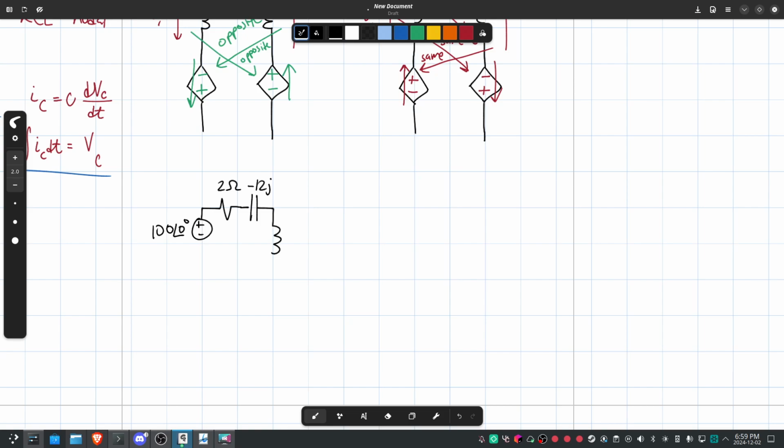And because we already solved the direction, the dot really doesn't matter anymore. Through the dependent source, back around. This, once again, is going to be positive up here and negative because they are opposing.